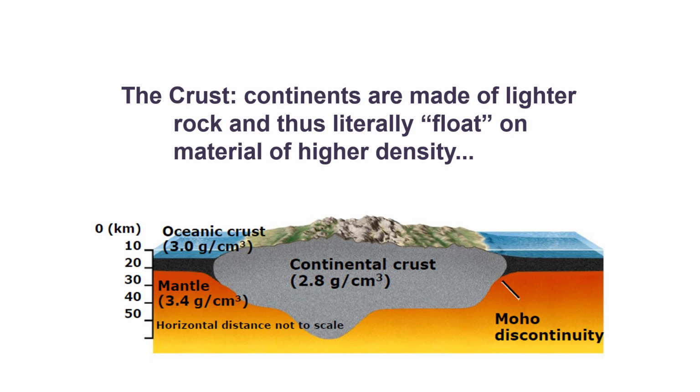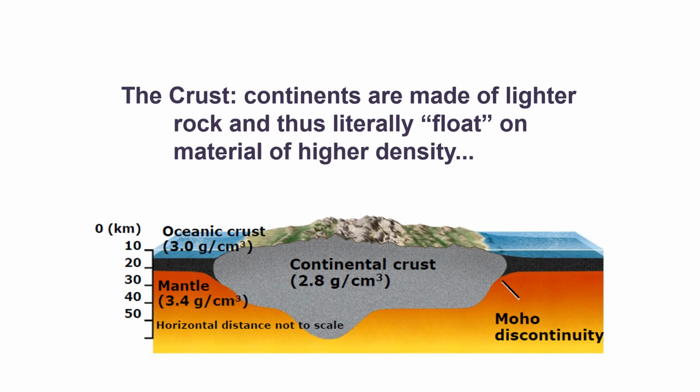So we have the crust where all of the landforms are and water forms are. So we are basically floating on the mantle. So we are of lower density compared to the mantle. So that is why we are literally floating on this mantle.